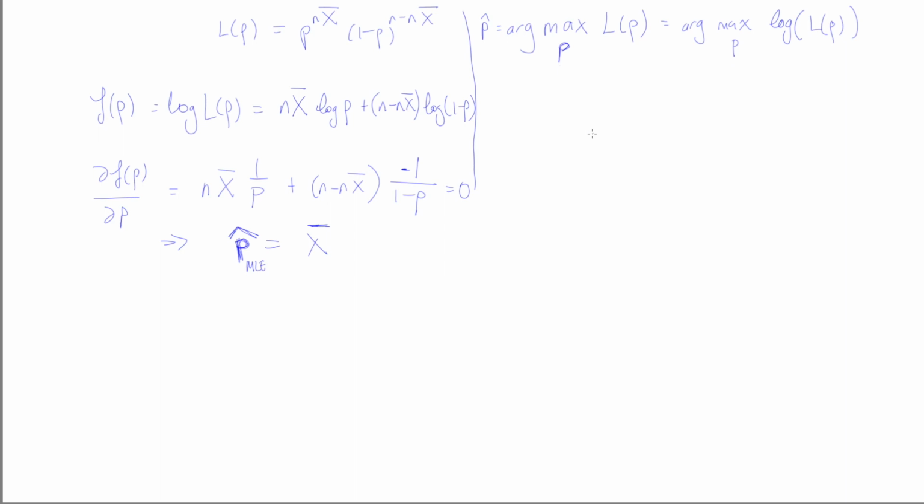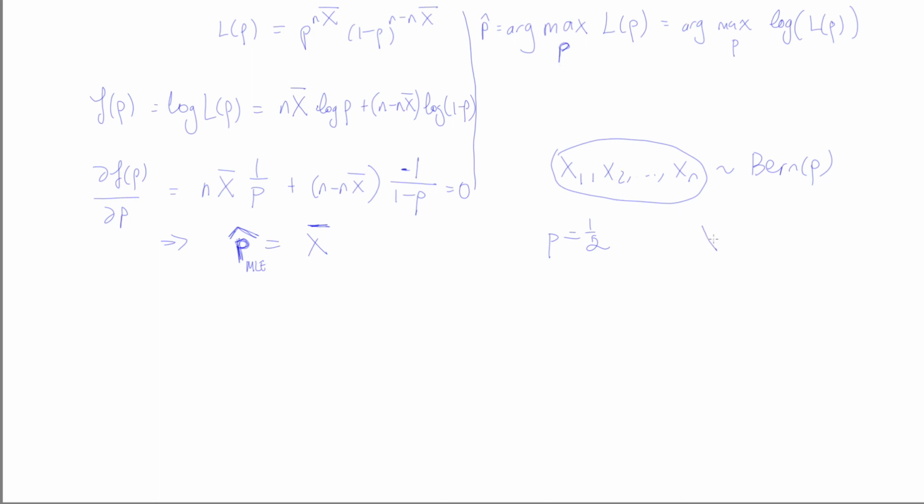Okay, which kind of makes sense because let's go back to the original example. We had x1, x2, up to xn, coming from a Bernoulli P. Well, let's say you don't know this, but let's say P is equal to half. Then how many of these n coin tosses would you expect to be heads? Well, you'd expect to see 50% of them, half of them being heads.